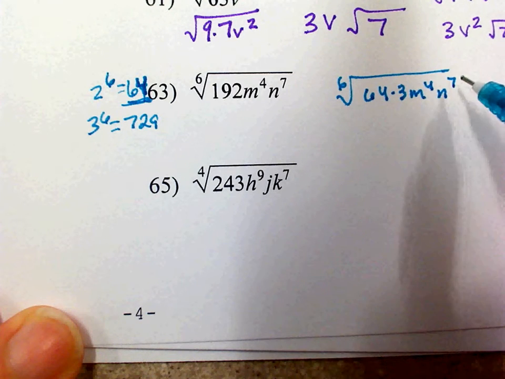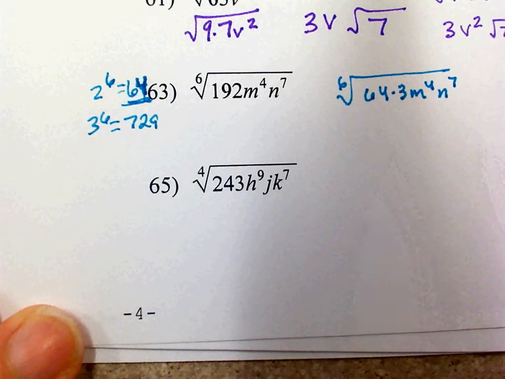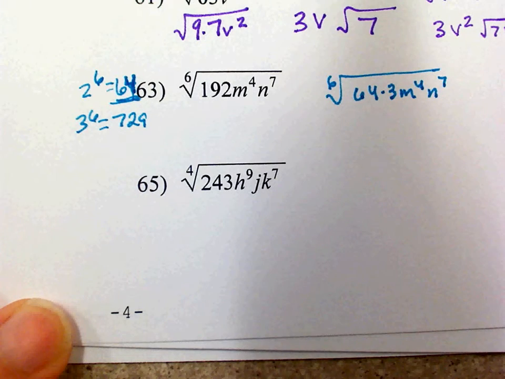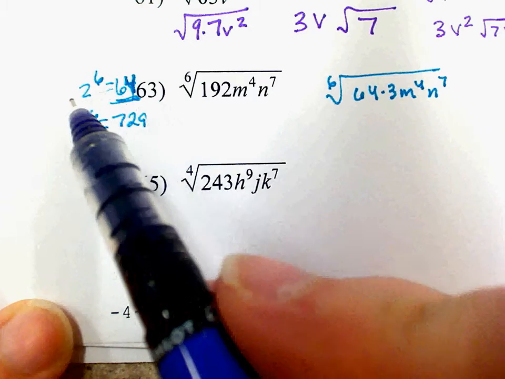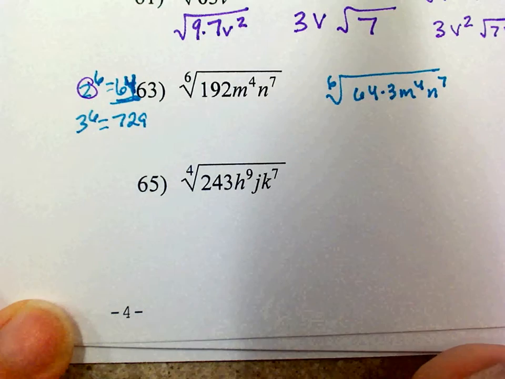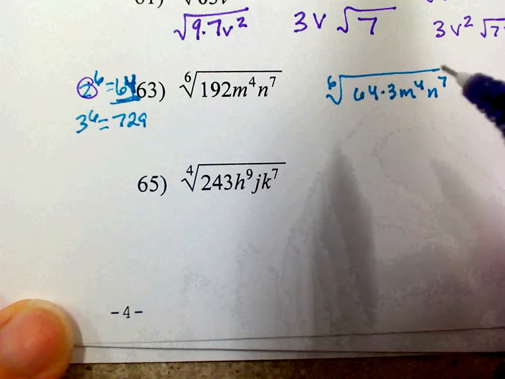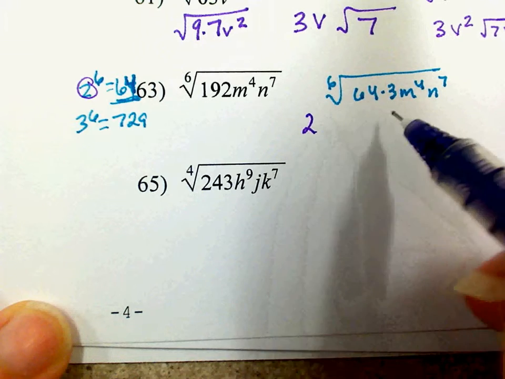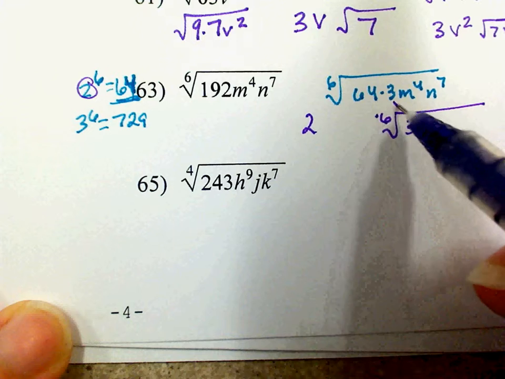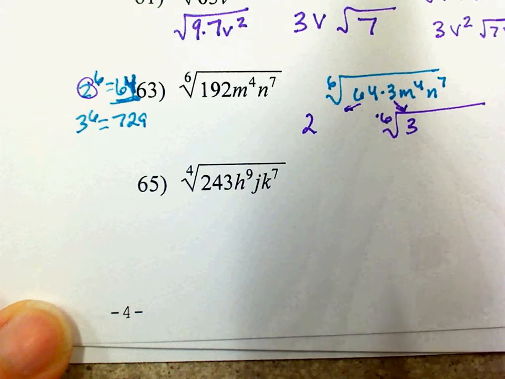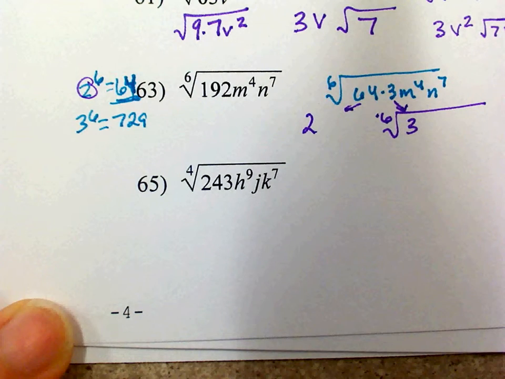Okay, what is the 6th root of 64? 2. Since 2 to the 6th equals 64, the 6th root of 64 is 2. So I've got a 2 on the outside. What's on the inside? Yeah? Okay, what do I ask myself as far as the powers go?